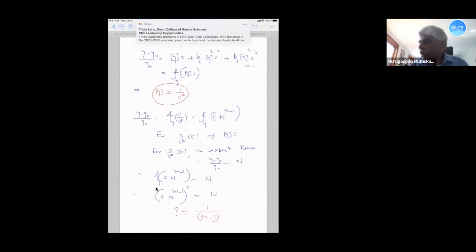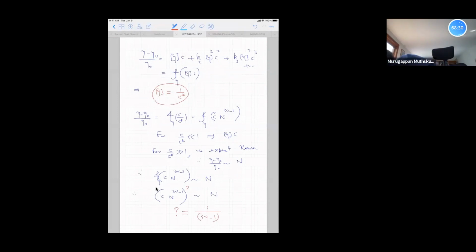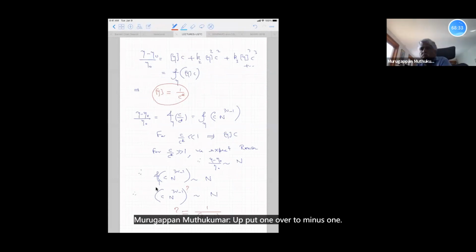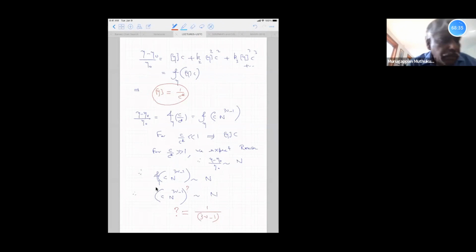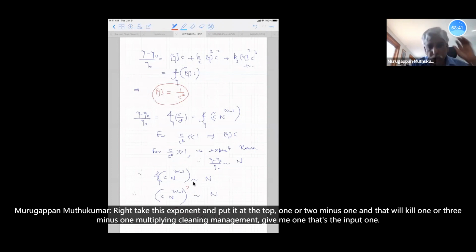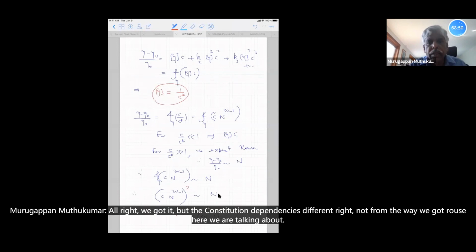If I take this exponent, 1 over 3 nu minus 1, and put it at the top, it will kill the 3 nu minus 1, multiplying 3 nu minus 1 will give me 1, that's N power 1. All right, we got it.